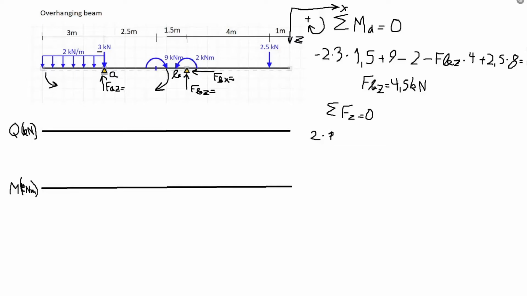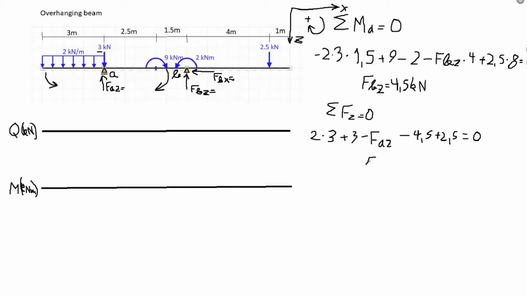So firstly we have our 2 kilonewton per meter distributed load times 3, because this is how much we have this load, plus the 3 kilonewton force, plus the unknown FAZ, which goes into the negative direction, so it's actually minus FAZ, minus the reaction force FBZ, which is 4.5, plus the final force 2.5.